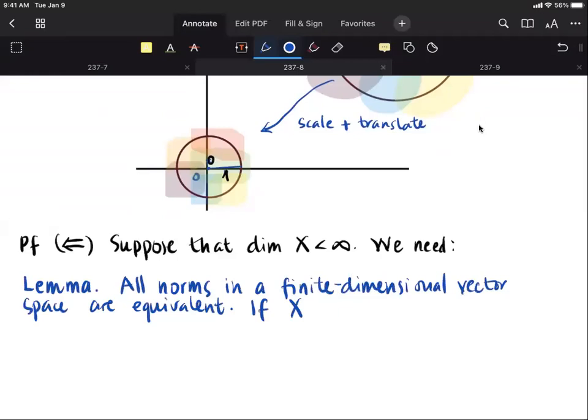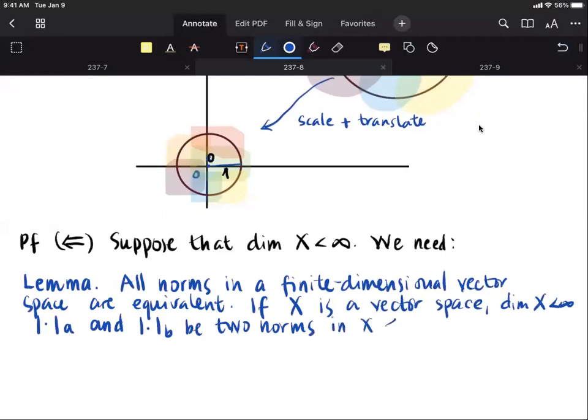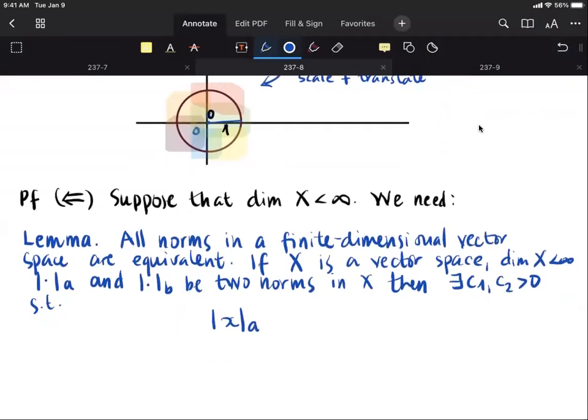So if X, let's say, is a vector space, and the dimension of this is finite, and I have, let's say, two norms with subscript A and B. Then it is possible to find, or there exist constants C1 and C2 such that the norm of x with respect to the first norm with subscript A is less than C2 times the norm of x with subscript B.